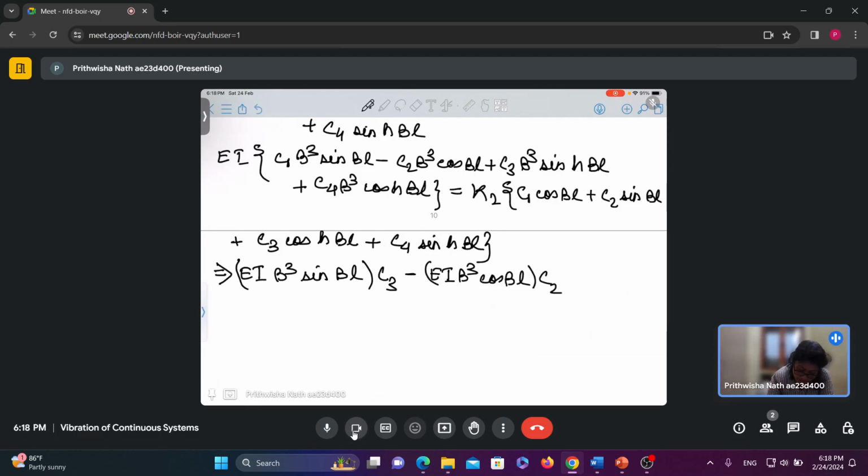C3 I'll keep as it is, plus EI beta cube sin hyperbolic beta L into C3, plus EI beta cube cos hyperbolic beta L, that is C4.